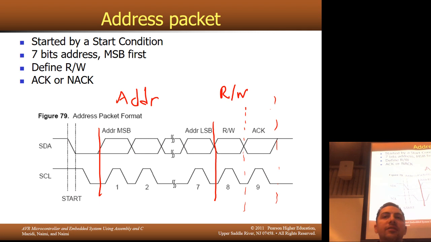It tells the device whether you're going to be asking it for data or giving it data. So you might be sending it a command. You might be receiving a sensor reading from it. The last thing comes from the receiver. In the address packet, it says 1 for yes, I'm on the bus, I'm here.